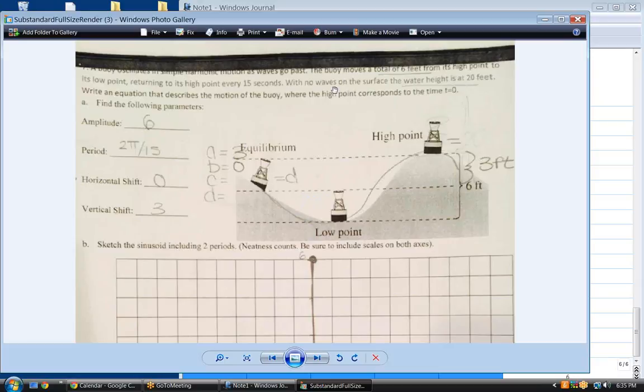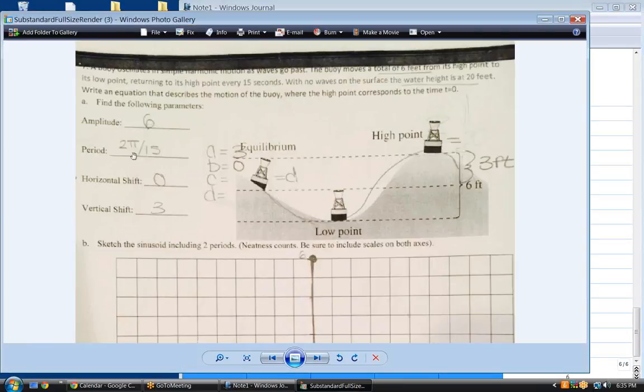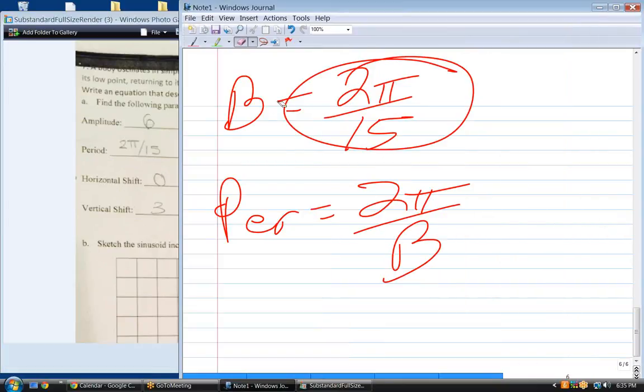Let's see, hold on a second. So which one's B? B is 2 pi divided by the period. The period is 15, so B is 2 pi over 15. Okay, it just doesn't have it like over on the left-hand side. B and the period are not the same numbers. That's why you have to memorize these.